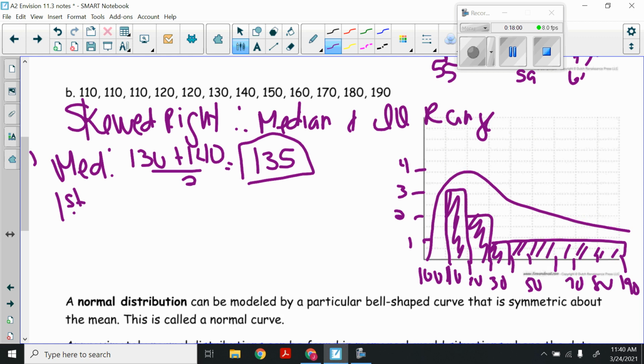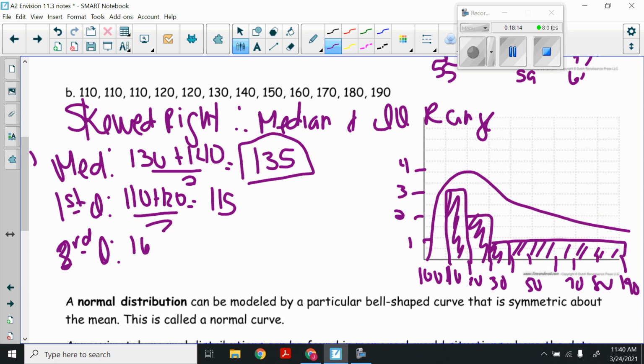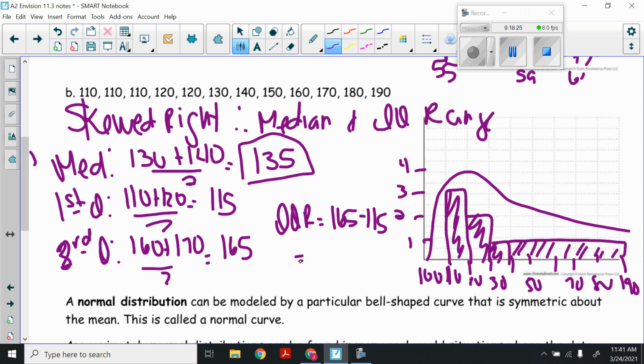Now I do my first quartile and my third quartile. For the median of the first half, I have 110 plus 120 cut in half. I get 115. Third quartile, I end up with 160 plus 170 cut in half, which gets me 165. So my interquartile range, I take 165 minus 115 to get 50.